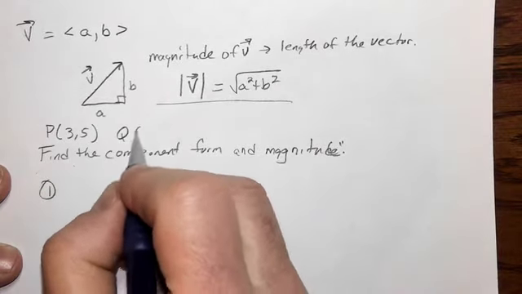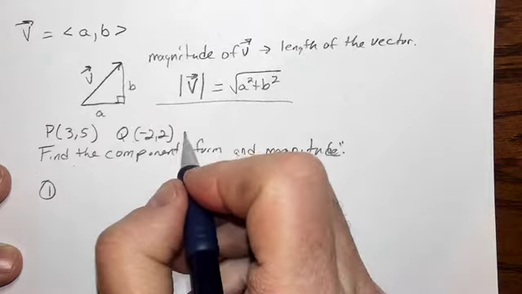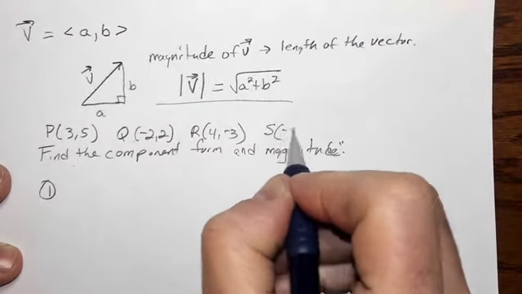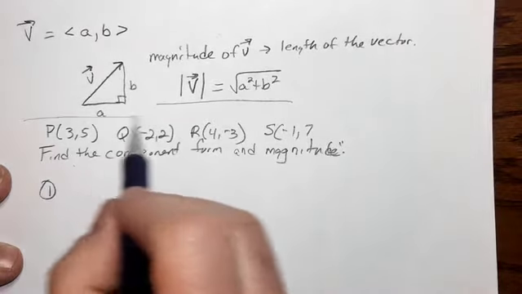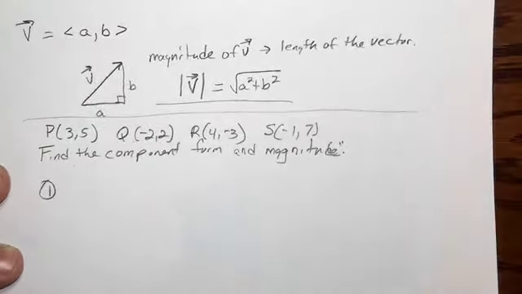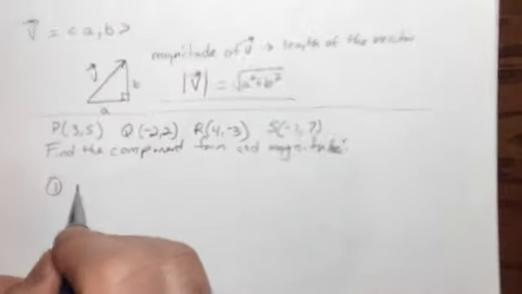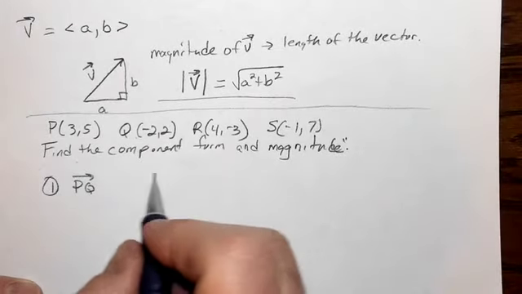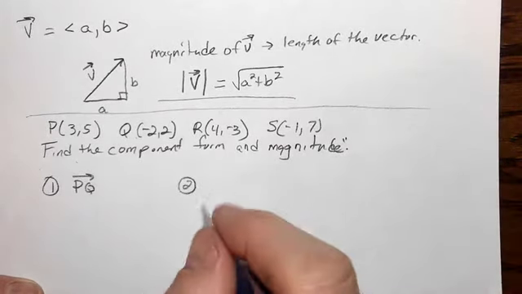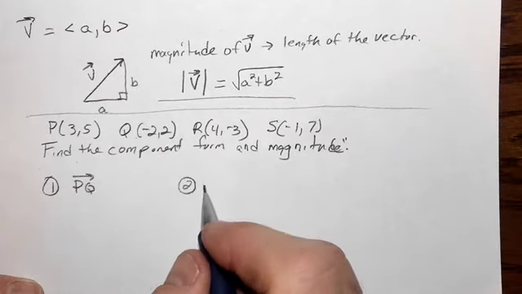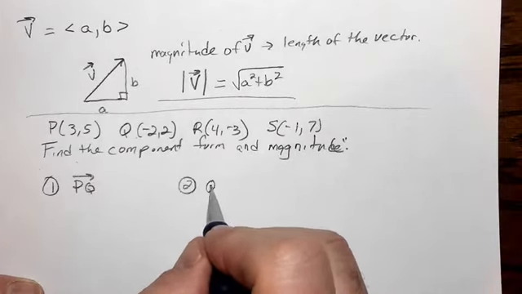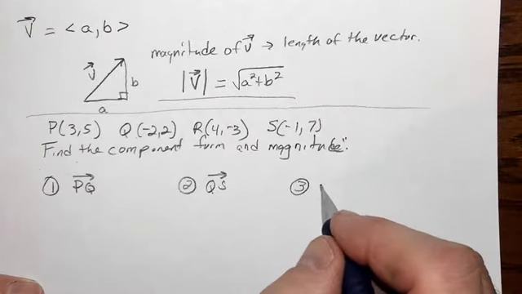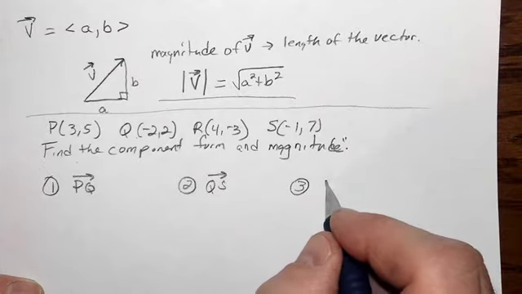Q is the point negative 2, 2. R is the point 4, negative 3. And S is the point negative 1, 7. I want to find the component form and magnitude of PQ. Second, the component form and magnitude of QS. And third, the component form and magnitude of SP.